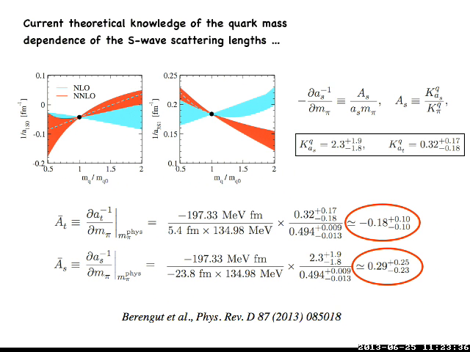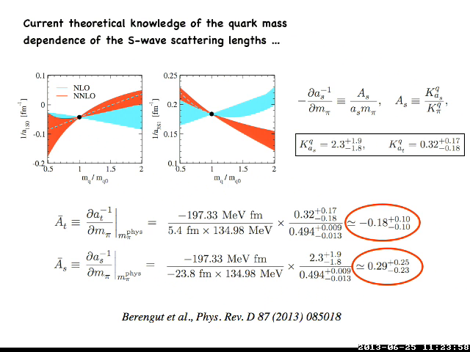We can see that the error bars are quite large. This is a theoretical error, which attempts to take into account all of the uncertainties that go into that analysis.